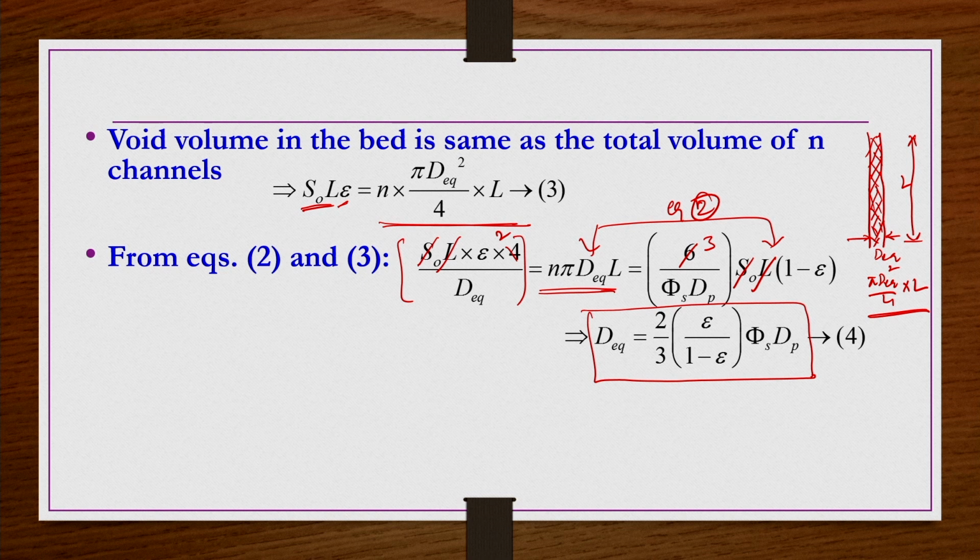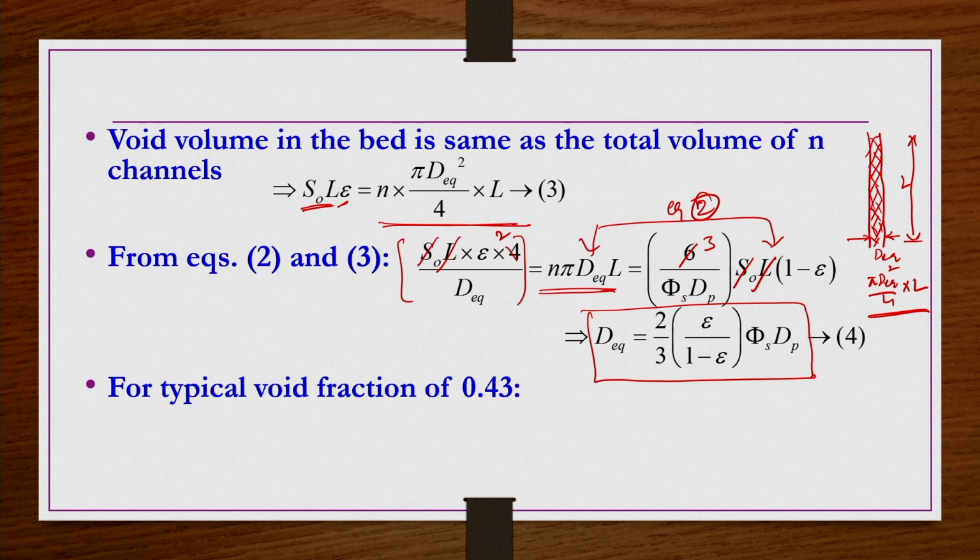D equivalent is the diameter of the capillary, and there are n such capillaries forming a bunch, so as to have the same characteristics as the packed bed in terms of the voidage epsilon and the surface area to volume ratio. A typical void fraction of 0.4 to 0.5 is possible in real applications.